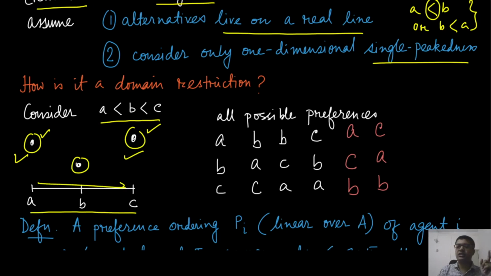So that is actually ruling out some of the possibilities which were possible in the complete domain, that script P. So look at the previous thing.